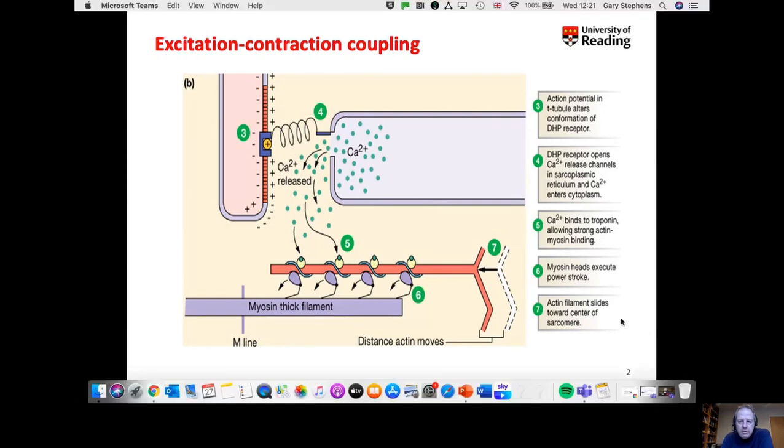Again, we'll see in a little bit more detail on the next few slides how this works and how it relates finally to the sliding filament model where actin and myosin cause contraction. The myosin heads execute a power stroke and the actin filaments slide towards the center of the sarcomere. So this is why the sarcomere is important. The sarcomere, remember, is the contractile unit between these Z lines, and it causes contraction.